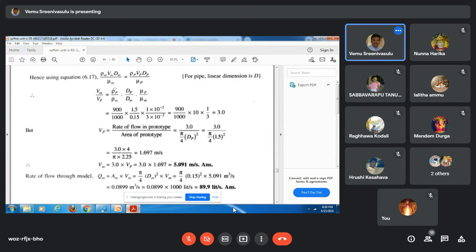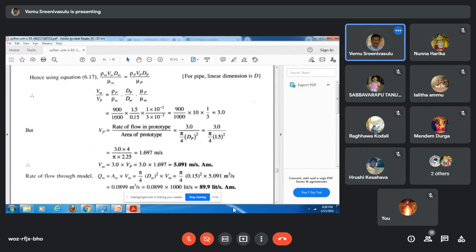From this, vm by vp is equal to rho p by rho m, into dp by dm, into mu m by mu p. If you substitute the density of the prototype oil, the liquid flowing in the prototype, that is 900.